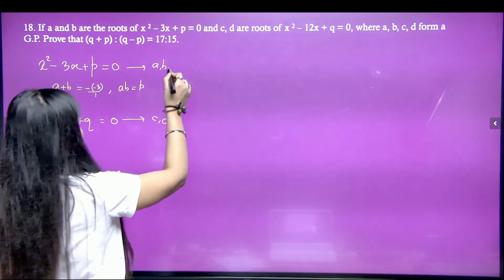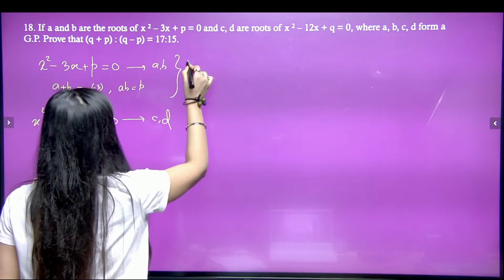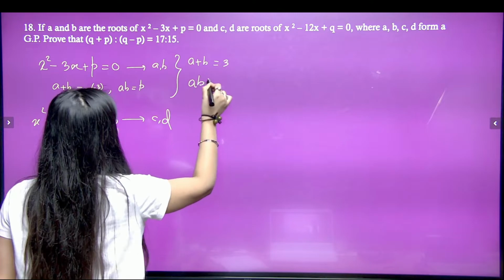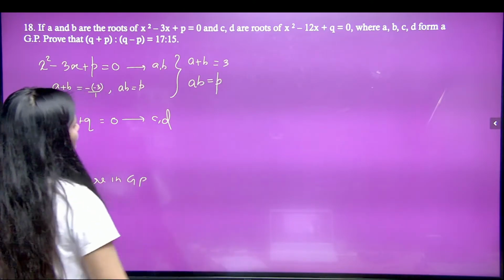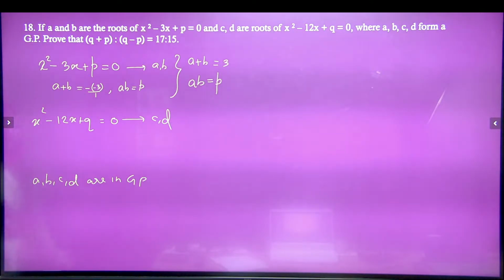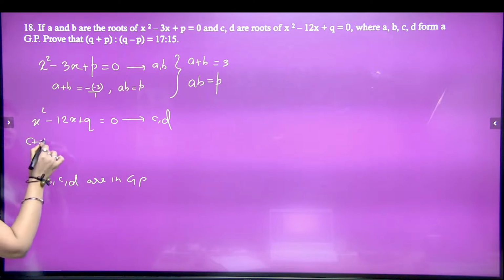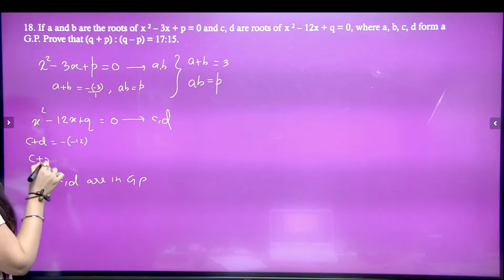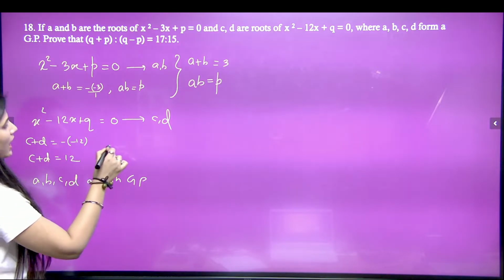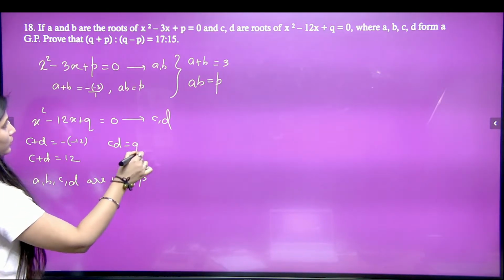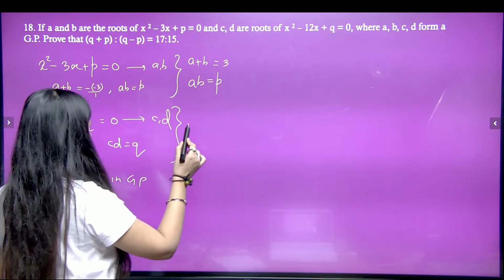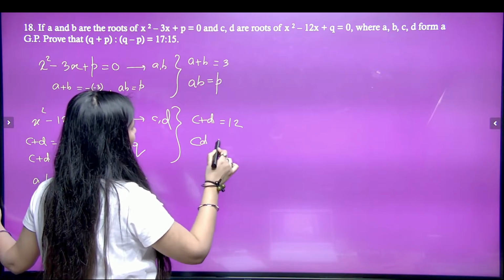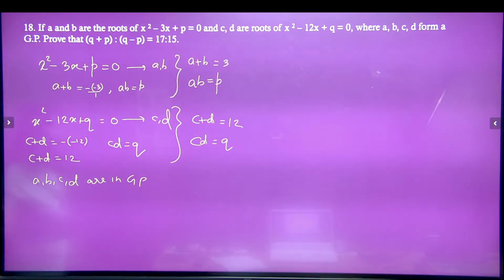So this part gives a plus b is equal to 3 and a into b is equal to p. Similarly, in this part we have c plus d is equal to minus of minus 12 by 1, or I can say c plus d is equal to 12 and c into d is equal to q.